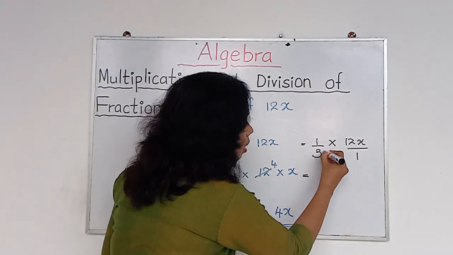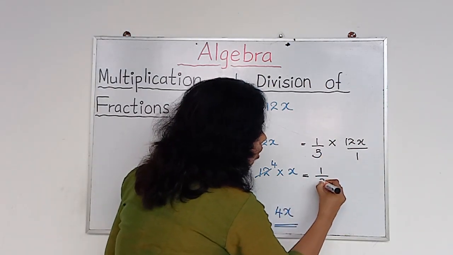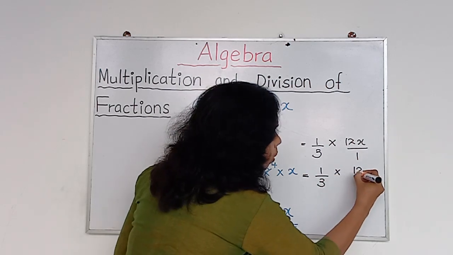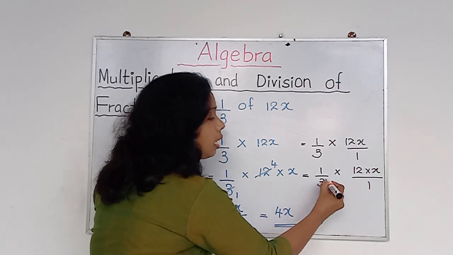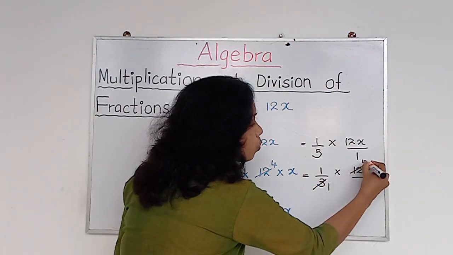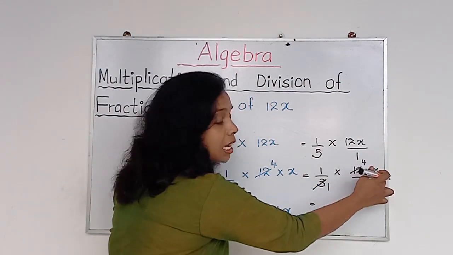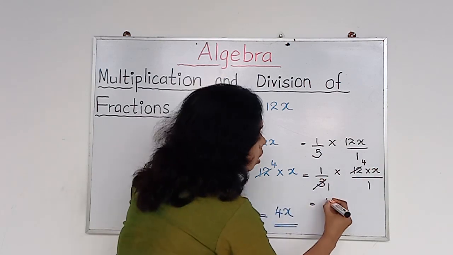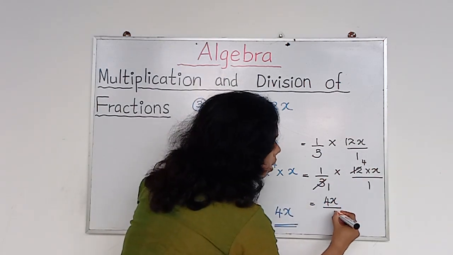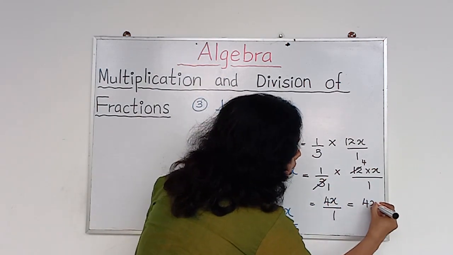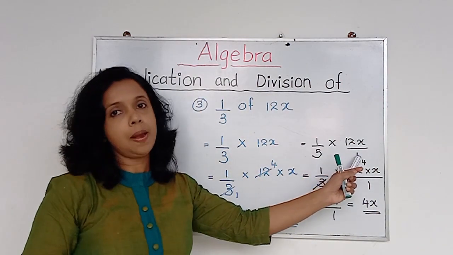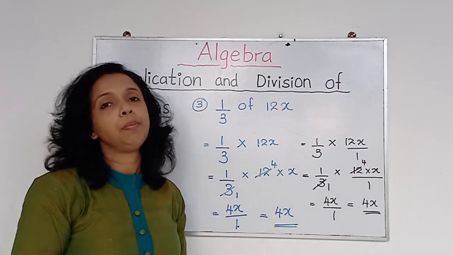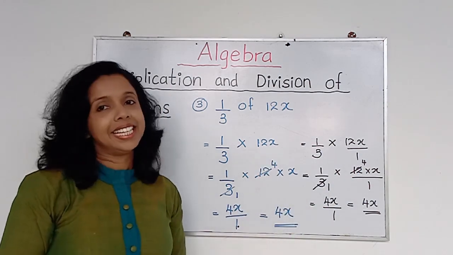Now what happened? 1 over 3 times 12 times x, I expanded it, here 1. Then 3 times 1, 3 times 4, then 4 times x, 4x. 4x times 1, 4x over 1. Again, the final answer is 4x. Either you can convert this into a fraction, right? And you can simplify like this.